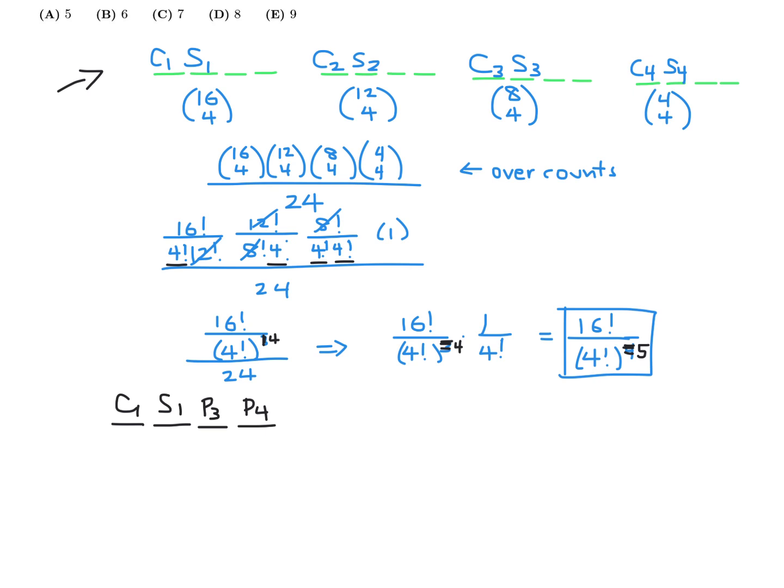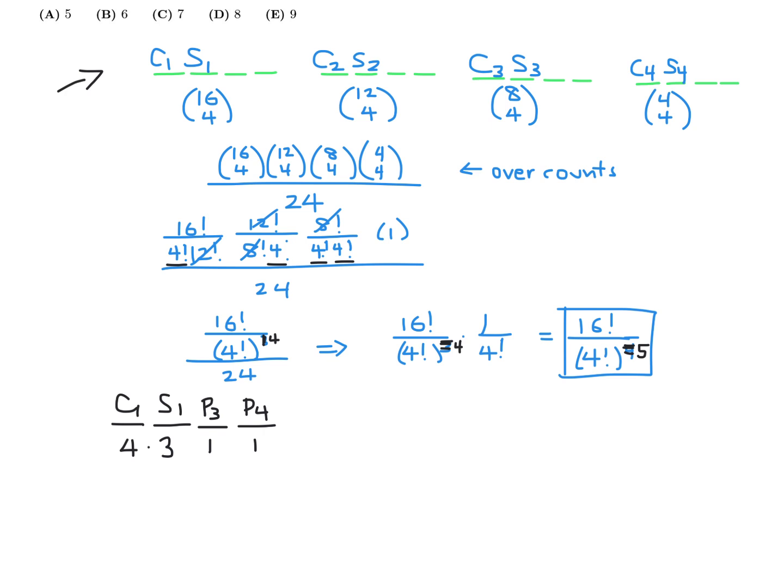But think about it. Of the 4 people, we can have 4 choices for the chairperson. And then from the remaining 3, we choose a secretary. And then the next 2 are just going to be the regular members.